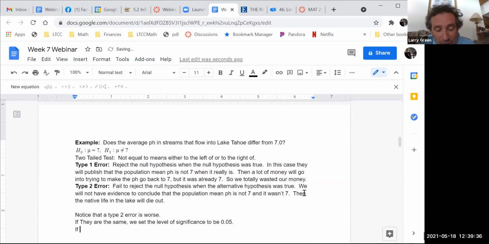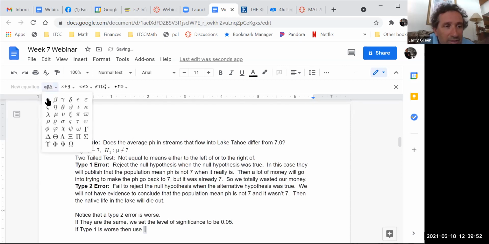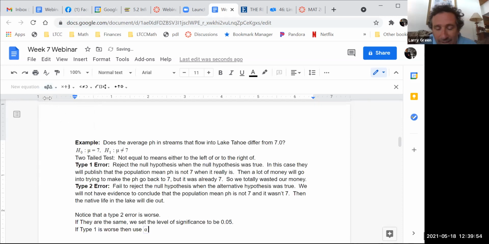If type 1 is worse, then use, let me write down actually, just so you're used to the letters. The letter we use is alpha. Use alpha equals 0.01.